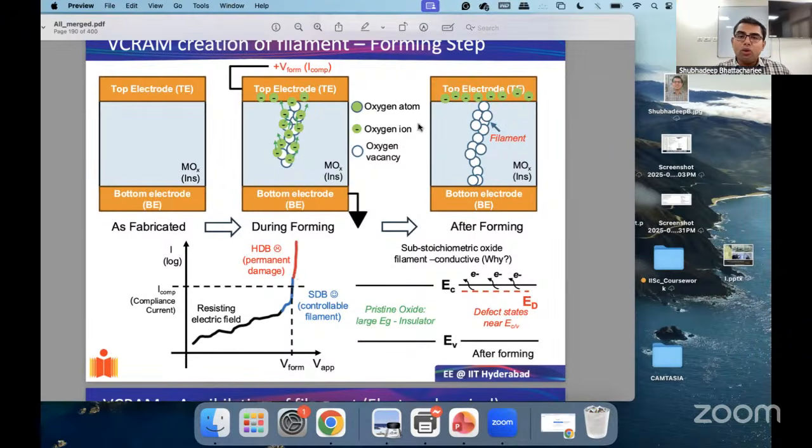In hard dielectric breakdown, once the filament is formed, the filament is so thick or so big that you will not be able to switch it back again. You will not be able to turn the filament back again. So it is a permanent damage. That is not very useful for RRAM devices. And this is why you use compliance current for inducing soft dielectric breakdown. I hope this makes sense.